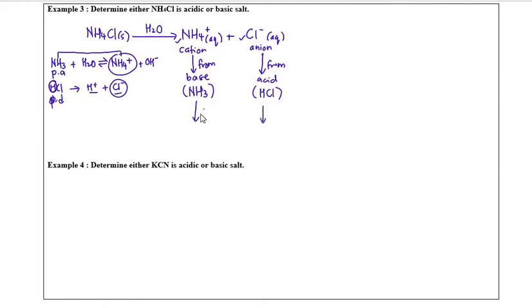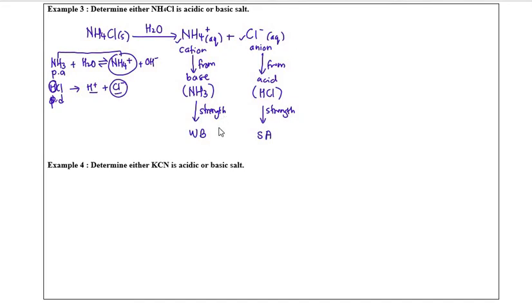You have to classify the strength of the base, either weak or strong base. Ammonia, since it has an N element and a lone pair at the nitrogen atom, is a weak base. This is HCl. Classify its strength, either weak or strong acid. This is hydrochloric acid, which is a strong acid.